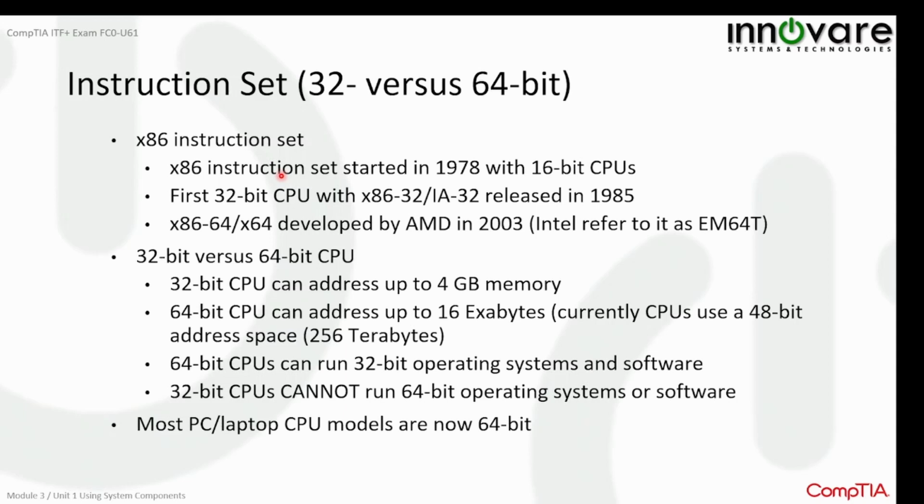Between 32-bit and 64-bit, of course it is much faster on 64-bit. It can handle all the instruction set at 64-bit. But this is important. What's important to remember when we say a 32-bit CPU is that it can only utilize up to 4 gigabytes of memory.